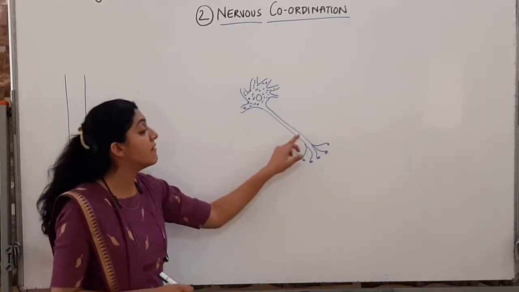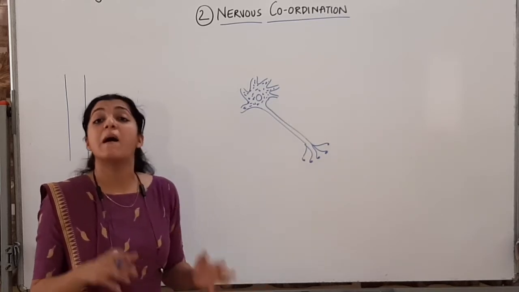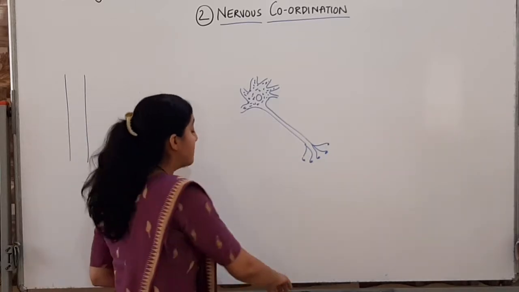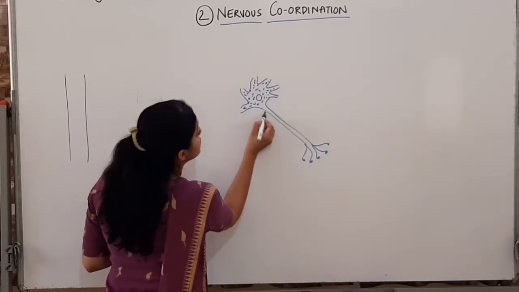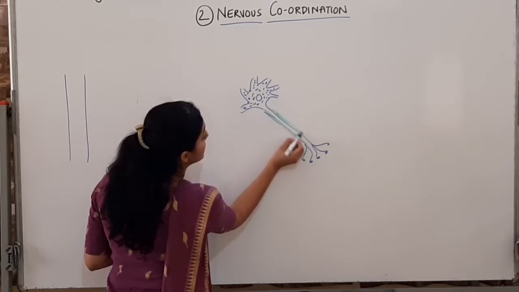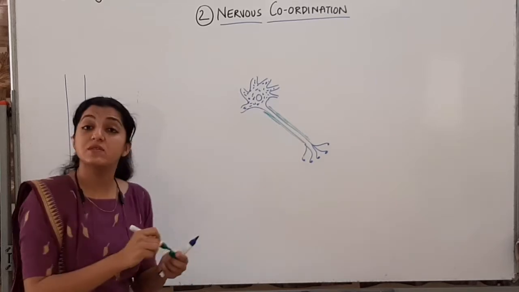The axon will be having axolemma. It is going to have myelin sheath. माइलिनेटेड न्यूरॉन्स रहेंगे तो एक्सॉन को सराउंडिंग माइलिन शीथ रहेगा. एक्सोलेमा के बाहर माइलिन शीथ रहेगी if the neuron is myelinated. And who is going to produce this myelin sheath?